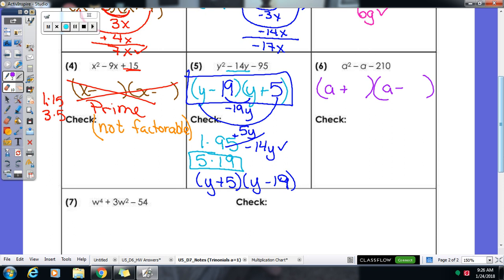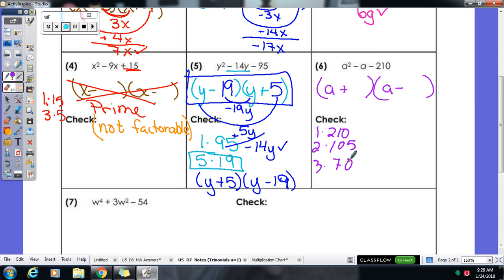So now we've got to figure out what multiplies to give us 210. So we got 1 times 210. We got 2 times 105. 3 times 70. Does 4 go into it?